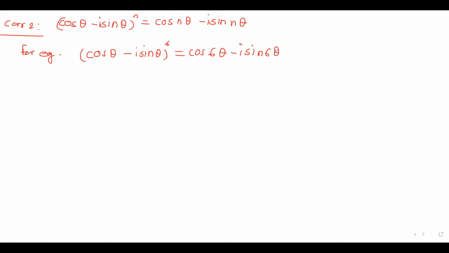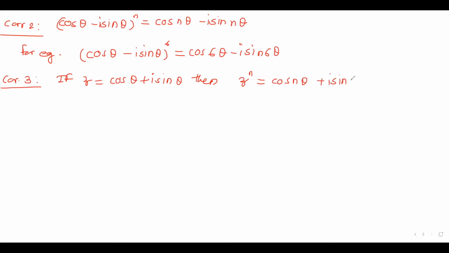Next important thing is, if z is equal to cos of theta plus i into sine of theta, then z raised to n, that is cos theta plus i sin theta raised to n, will become cos of n theta plus i sine of n theta using De Moivre's theorem.